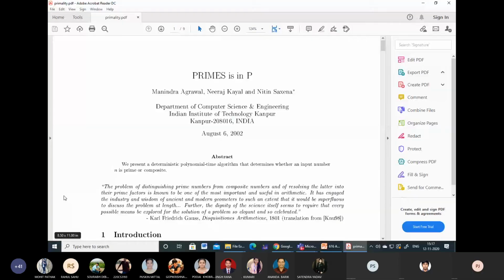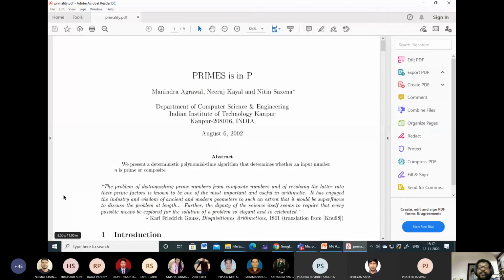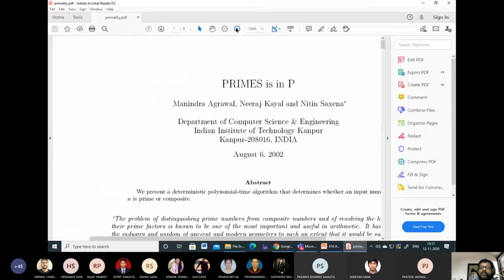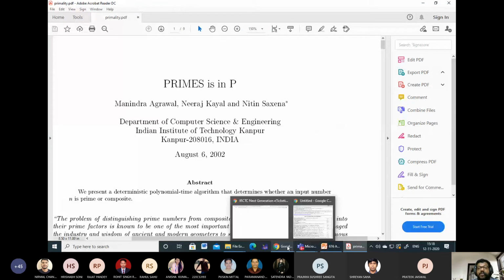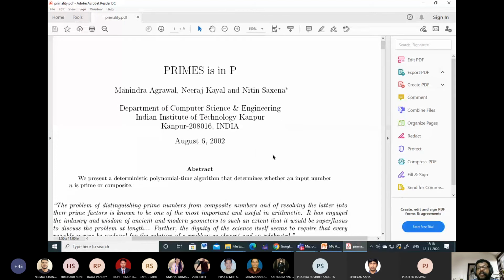I think it's visible to you. Please check. This is the title, and just to understand this, you see, it was published in 2002. Professor Manindra Agrawal is the designer of Trinetra, the security system of the Indian Navy.